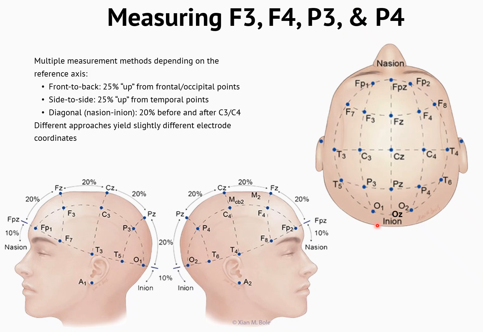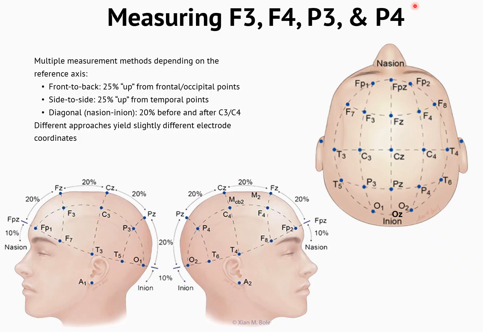So this is the distance from FP1 to O1 and FP2 to O2. And then P3 and P4 lie 25% forward from the back. So from here to here would be 25% of that total distance, and from here to here we also have 25% of that total distance, which would get us P4, and 25% of that total distance this way would get us F4.